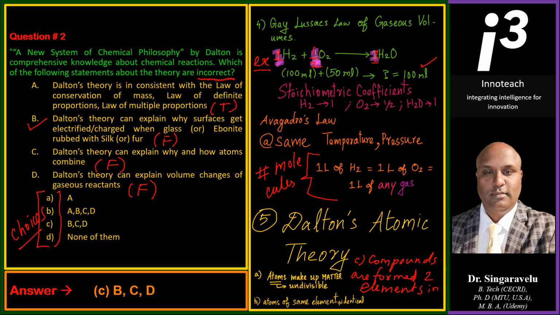So what we understood is that statements B, C and D were the incorrect statements which we have to select, and A is a true statement. So we have to select B, C and D as the option which is given in choice C. So our answer is C, B, C and D.